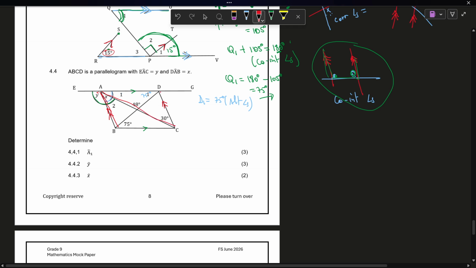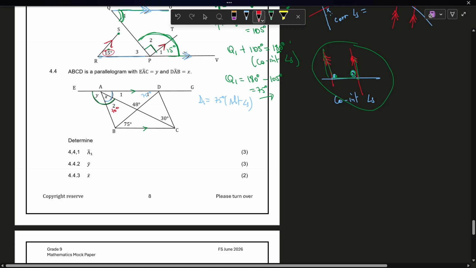Let me just draw this N. That means the angle here will be equal to the angle here, right? Let me just delete it again so that we don't overload our drawing. So if I've got 30 degrees here, it means A2 is equal to 30 degrees. So we also have 30 degrees here.